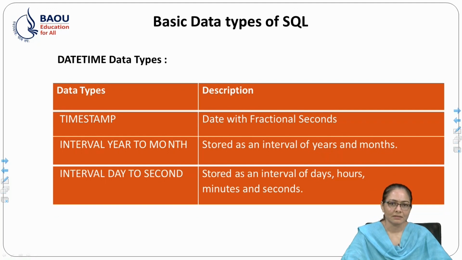TIMESTAMP is used for data with fractional seconds. Next one is INTERVAL YEAR TO MONTH, stored as an interval of years and months. INTERVAL DAY TO SECOND is used to store an interval of days, hours, minutes and seconds. It is used for both date and time data.